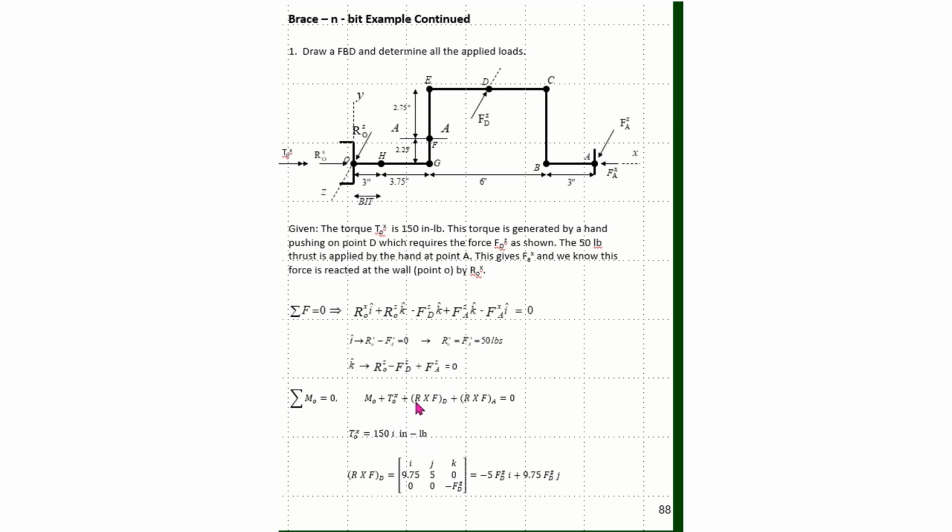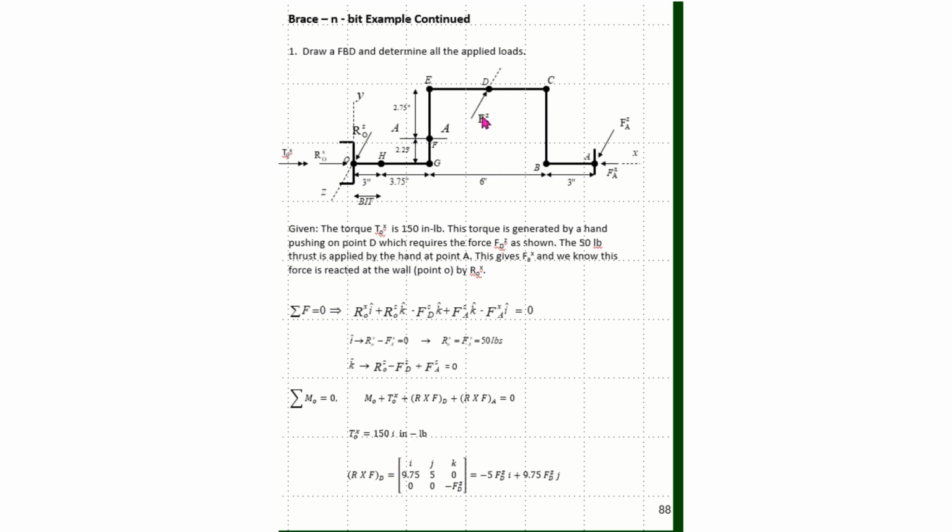Now I look at the details of R cross F to point D, and I write down IJK for the unit vector directions, and then to get to point D from point O, I go 9.75 inches in the I direction, and that's a plus.